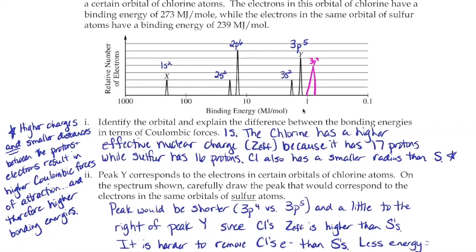Chlorine has 17 protons, sulfur has 16. In addition to that, chlorine's got a smaller radius than sulfur. As you go from left to right on the periodic table, atomic radii decrease because of that effective nuclear charge.